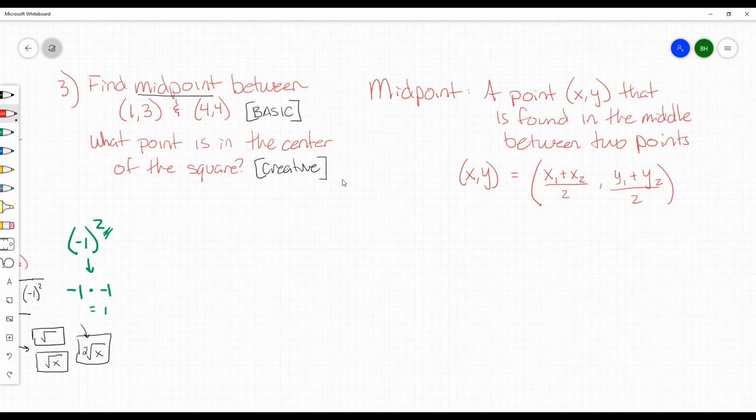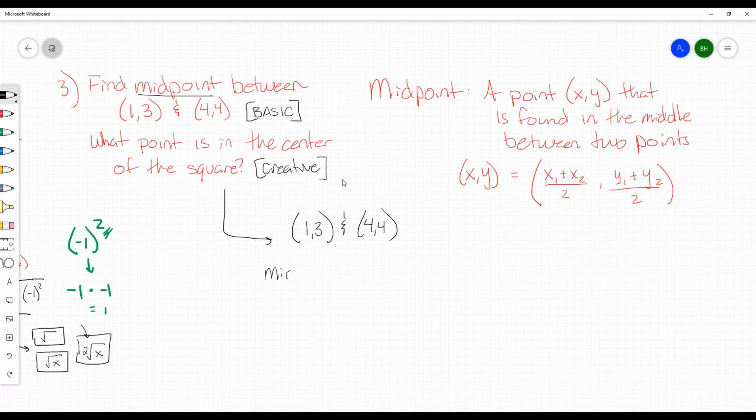So in this specific problem, let's go ahead and use the points (1, 3) and (4, 4) to see if we can find the midpoint of them. And then we'll test it on our graph just to see if we're correct.